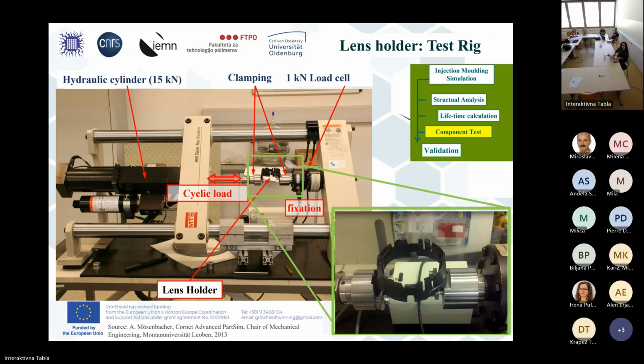Then the colleagues make the testing, real testing under this dynamic load. I can't show you the movie, but then the cylinders move, and finally after 120,000 cycles, you have a break.